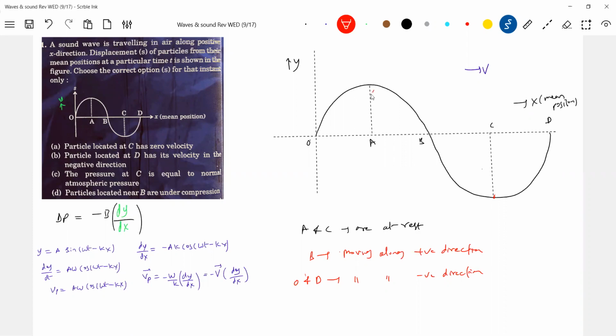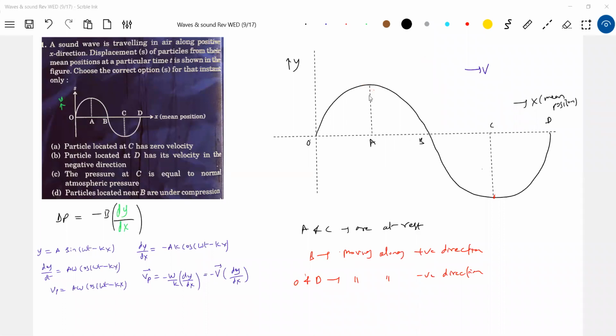Positive displacement means, what does it mean? What do you mean by positive displacement? Because you measure y along the x-axis, no?